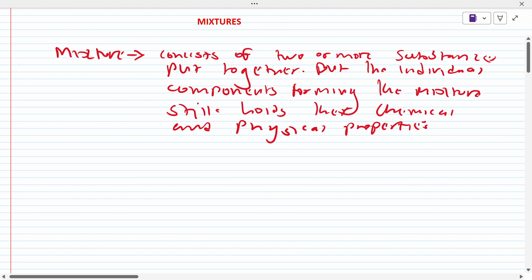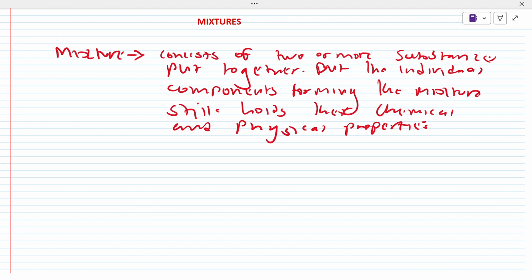I've even seen in some books saying that a mixture consists of two or more substances put together and not chemically combined. Yeah, that can also be a definition, and I agree with them. But the key thing you have to know is that individual components forming the mixture still hold their chemical and physical properties.